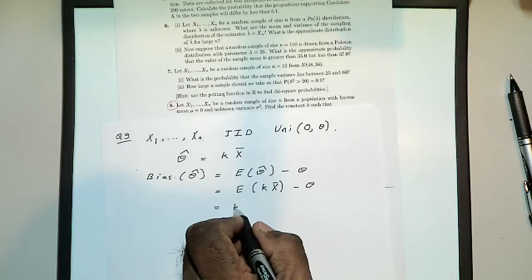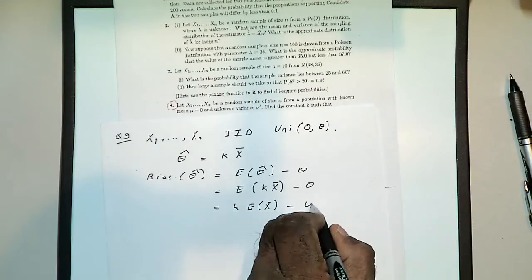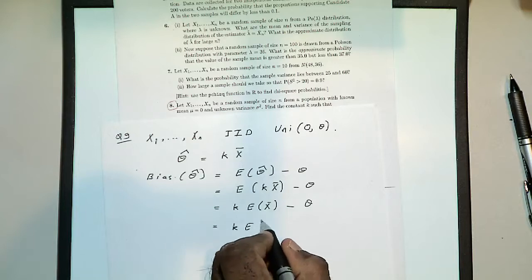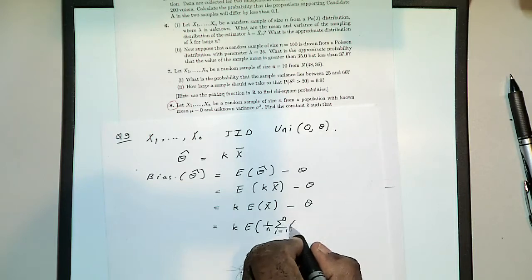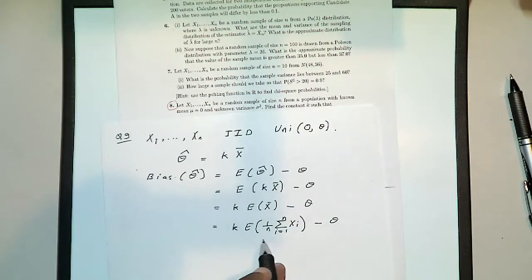You can pull k outside. X bar is the sample mean, and now n is a constant, so you can again take the n outside.